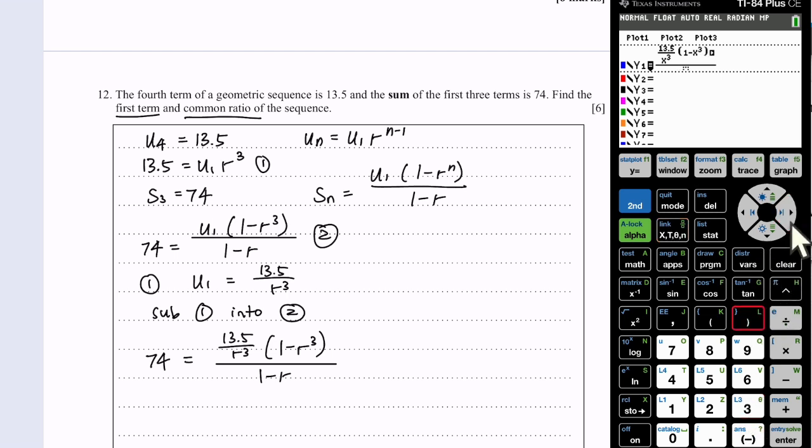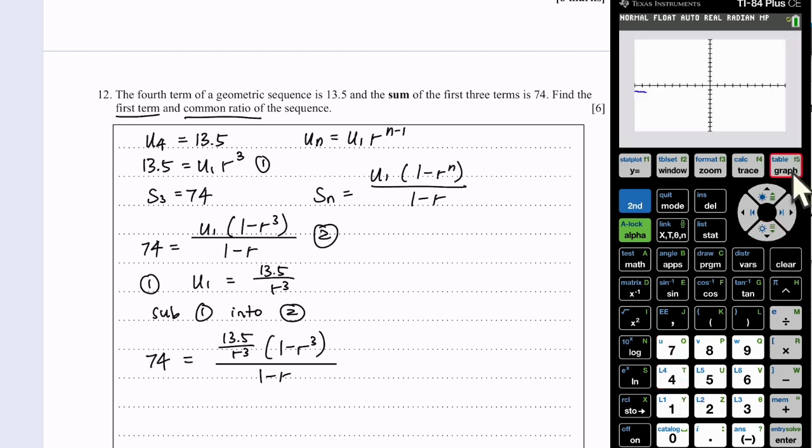And then in the denominator, I have 1 minus x. And then I'm going to make y2 equal to the left-hand side of my equation. Let's graph this and see what happens.